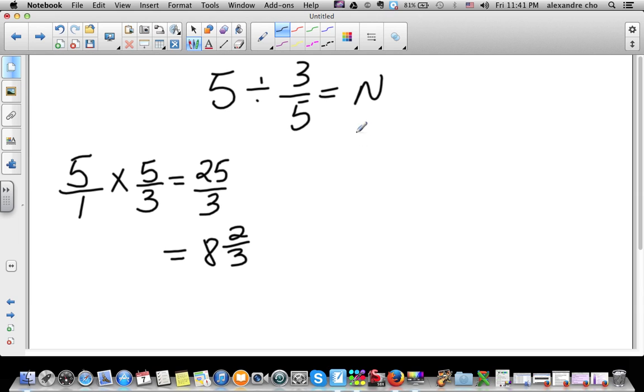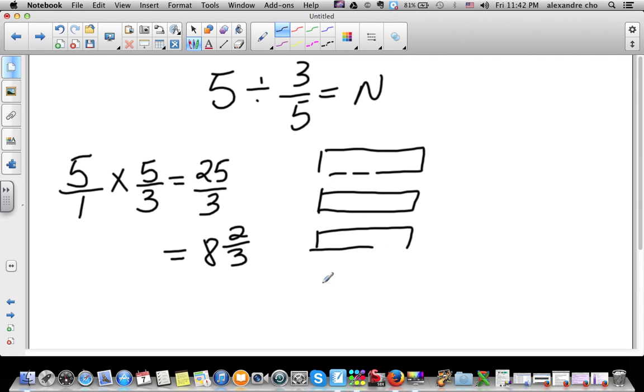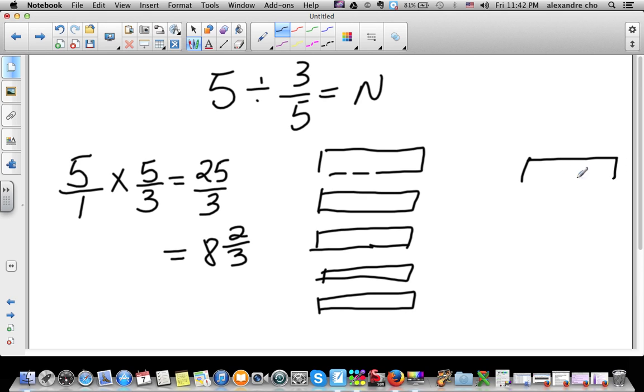Let's do it with pictures. With pictures, you have 5 boxes: 1, 2, 3, 4, 5. And divided by this. So you are asking yourself, how many times can something that was cut up into 5, and you only have 3/5, how many times can these 3 fit into these 5?